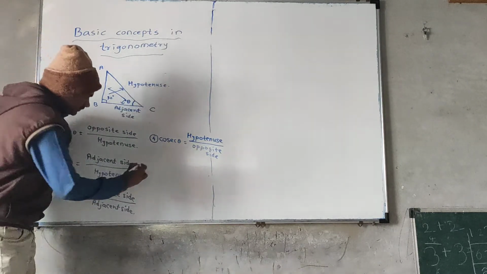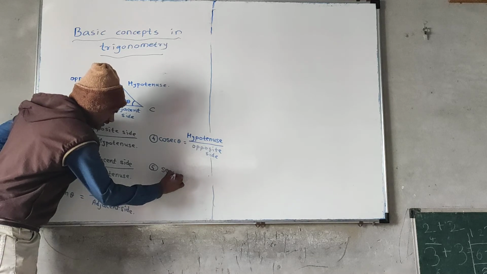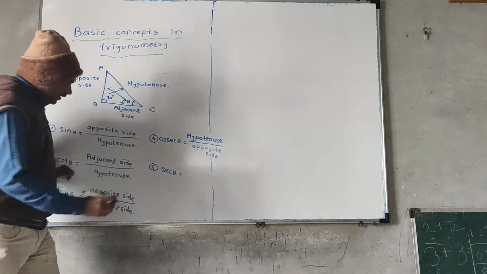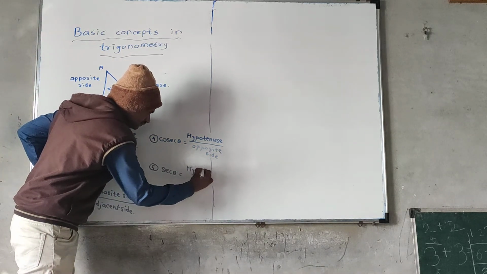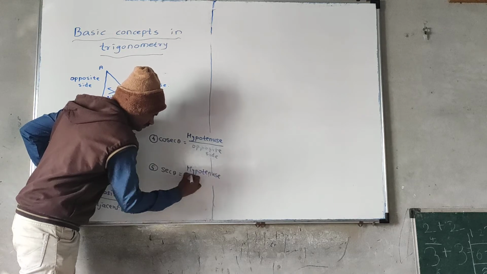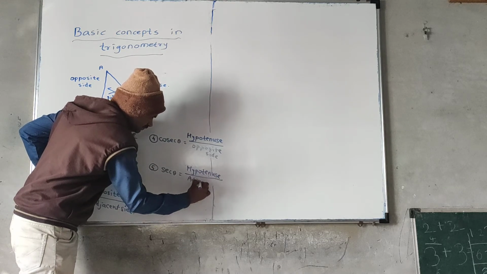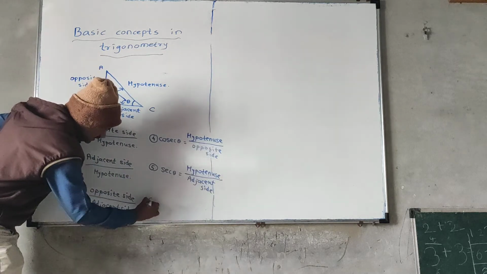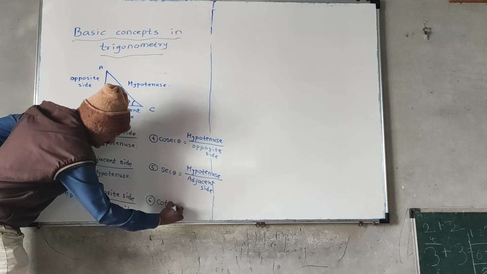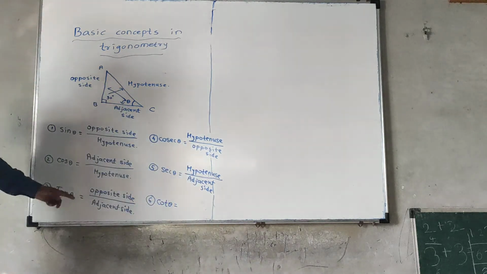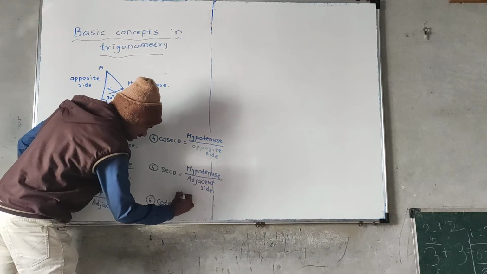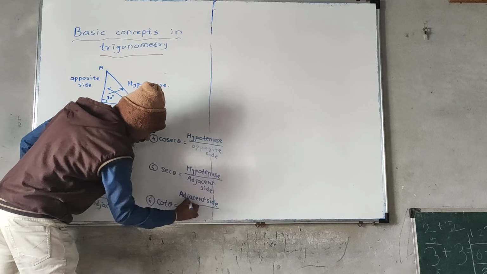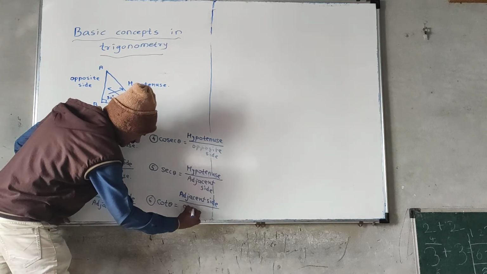Next, sec theta, take the opposite of this cos theta, hypotenuse upon adjacent side. And last one, 6, cot theta is equal to, take the opposite of this tan theta, adjacent side upon opposite side.